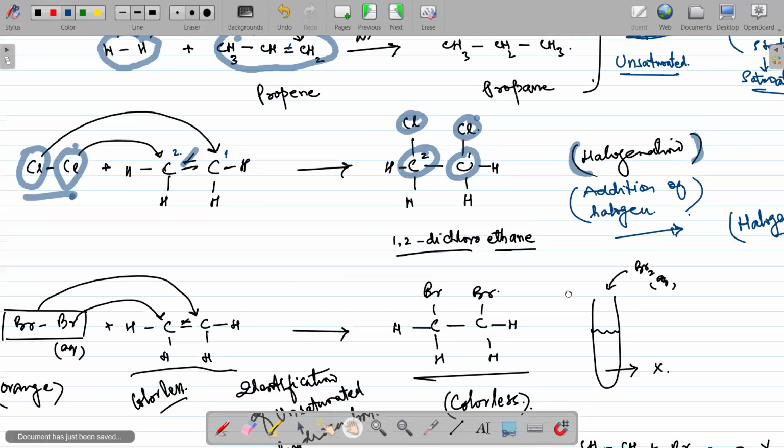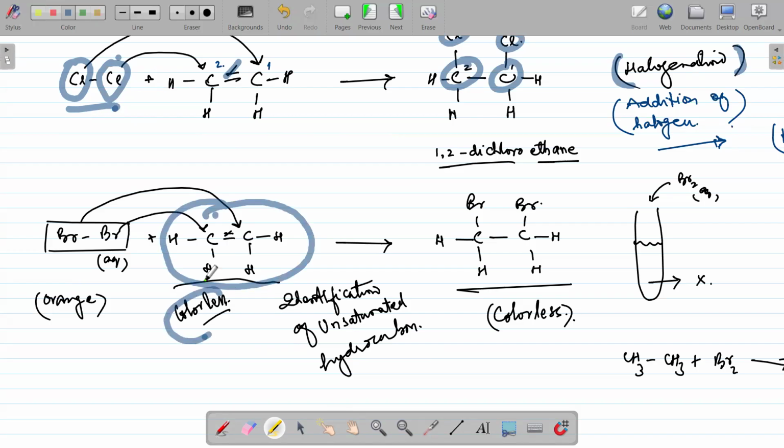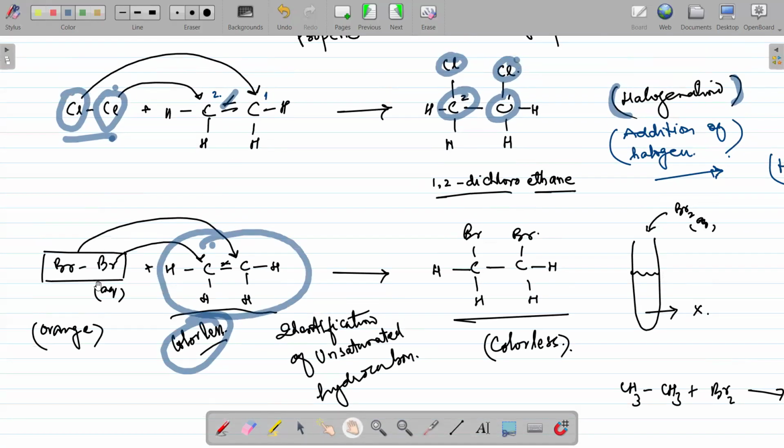Okay, a similar reaction you can see here. What if we treat this alkene, ethene, which is a colorless compound, with bromine? So what happens? As we saw in the case of chlorine, here we have bromine atoms, one here, another here. One of the double bonds will break and bromine goes to each carbon atom.